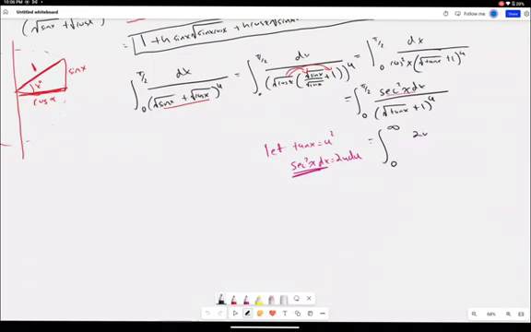And this is just 2u du, and this just becomes u plus 1 raised to the power of 4.